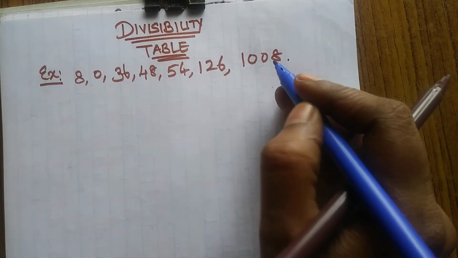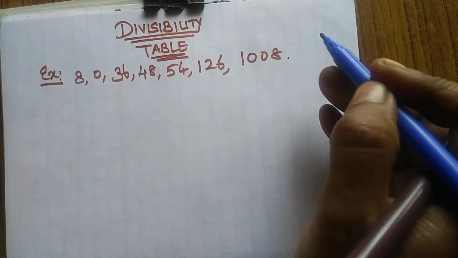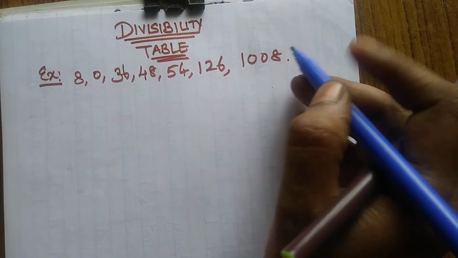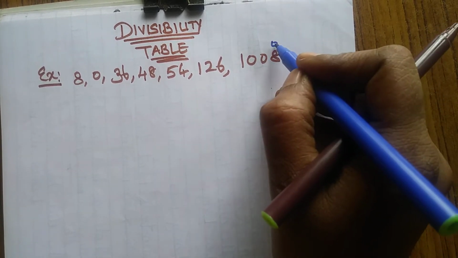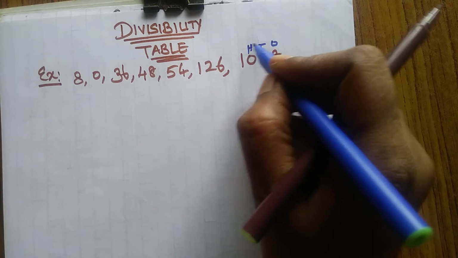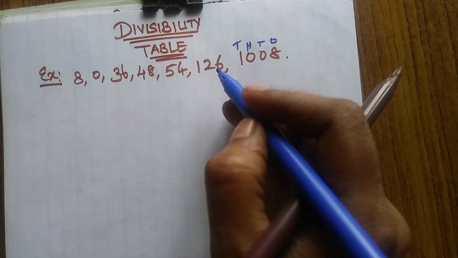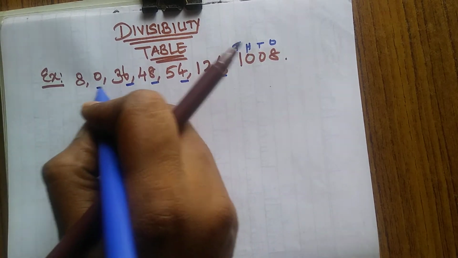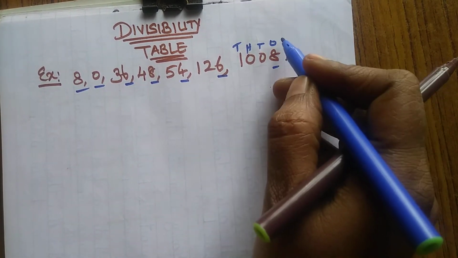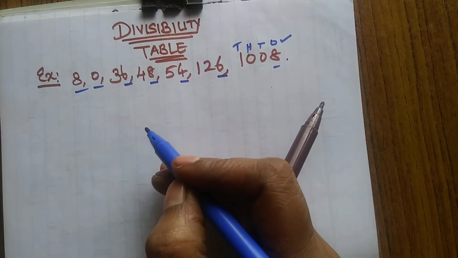As I have already told you in my previous videos, whenever you get a number, it's better to put the units, tens, hundreds, and thousands places. The last digit is called the ones digit or the units digit.